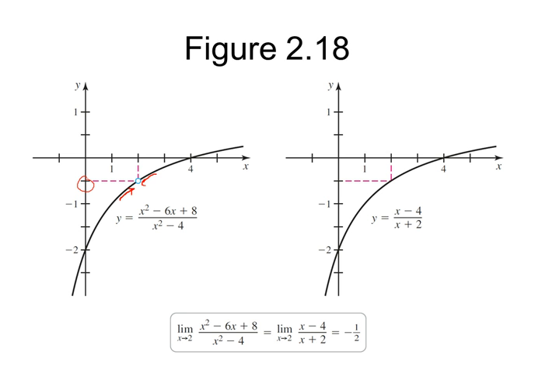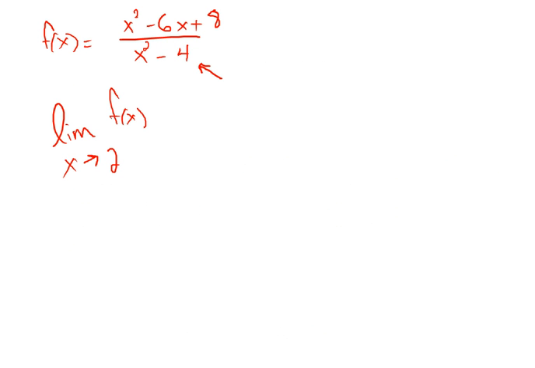But let's look at this analytically as well and say that this graph is simply y equals x minus 4 over x plus 2 with a hole at that point. Now, where did we get that? Let's go back to our function and let's factor this function. Well, if we factor the top, the top can factor into x minus 2 and x minus 4.